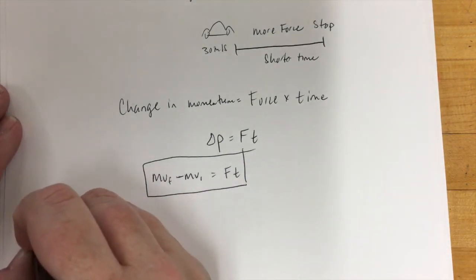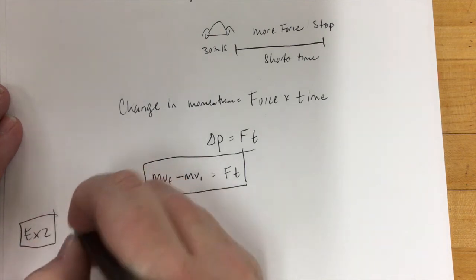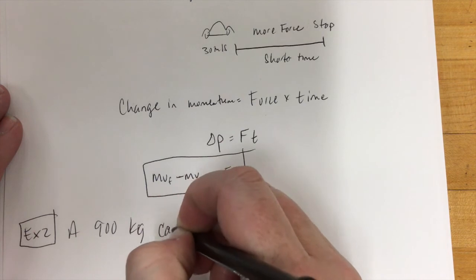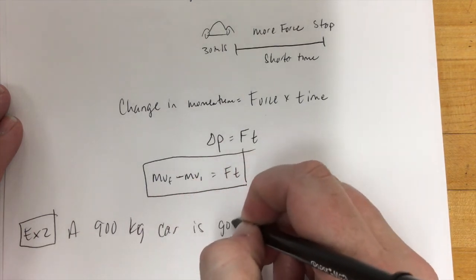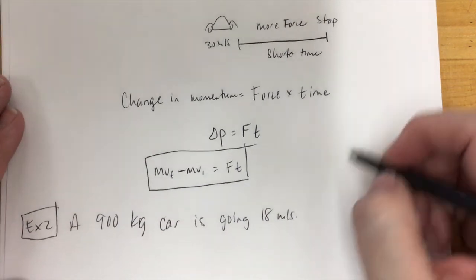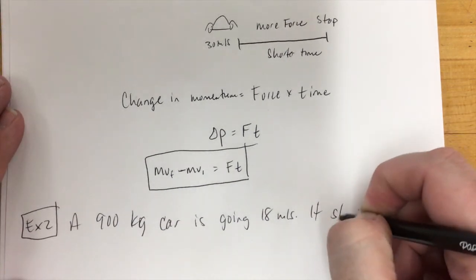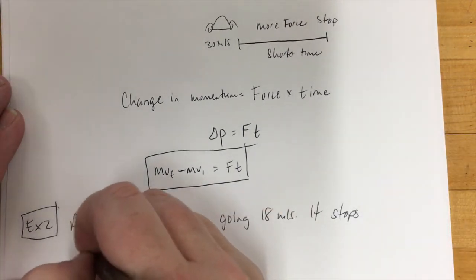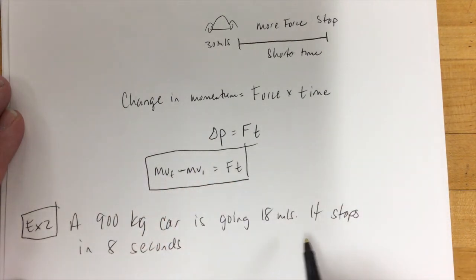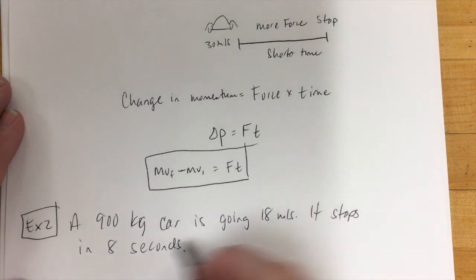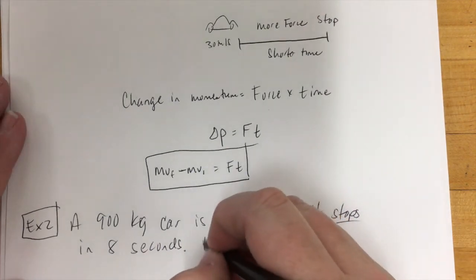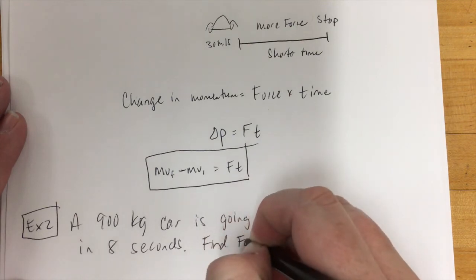If we had example 2, a 900 kilogram car is going 18 meters per second. It stops in 8 seconds. So from 18 meters per second down to a stop at 0 meters per second in 8 seconds. Find force.